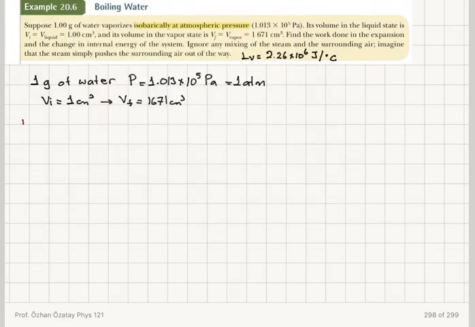So let me write here, this is an isobaric expansion process. The final volume is greater than the initial volume.